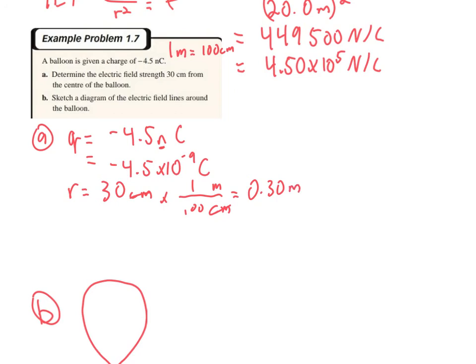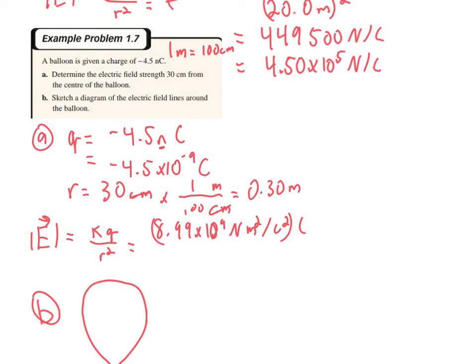And I'm not going to define K in this case, we already did. So I'm just going to go right into the formula here now. E, electric field strength, is going to equal KQ over R squared. K is going to be 8.99 times 10 to the 9 newton meters squared per coulomb squared.